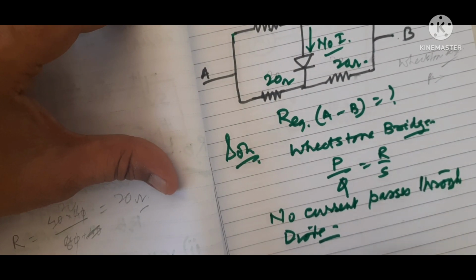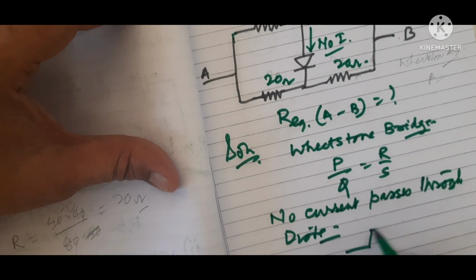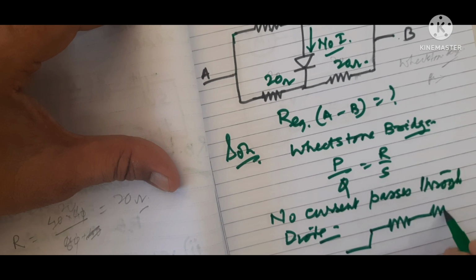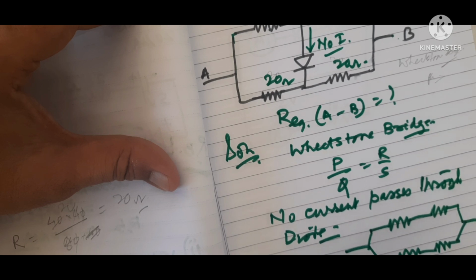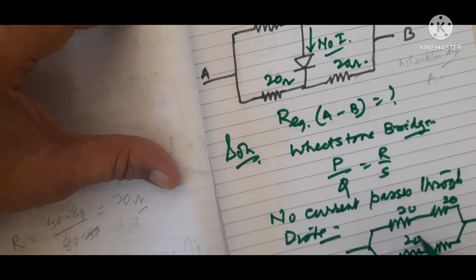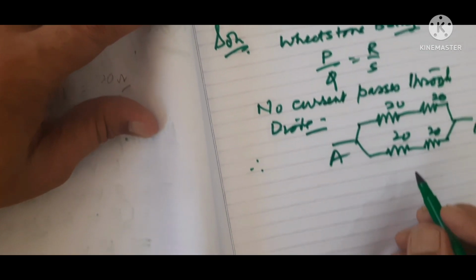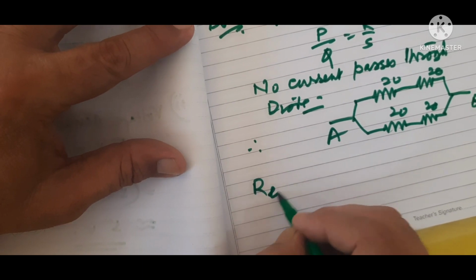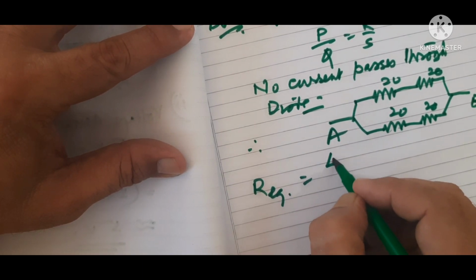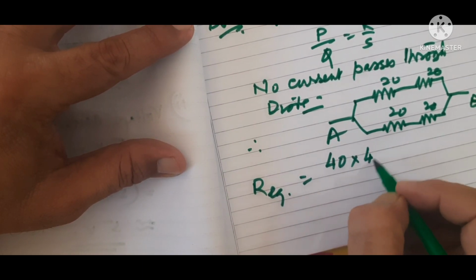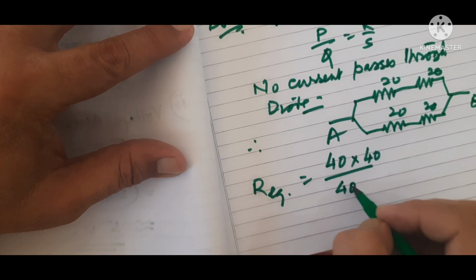So now how does the circuit become? We can draw it like this: A, B, this 20, this 20, this 20, this 20, meaning 20 plus 20 is 40 ohm, and this is also 40 ohm. So R equivalent will be 40 into 40 by 40 plus 40.